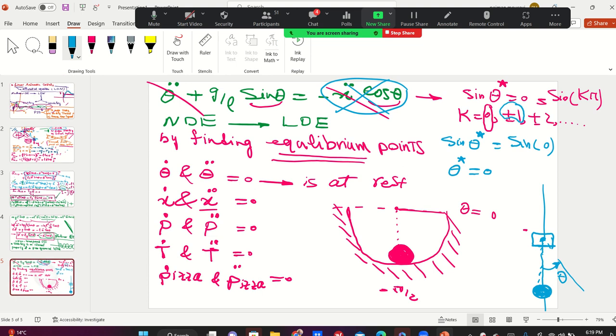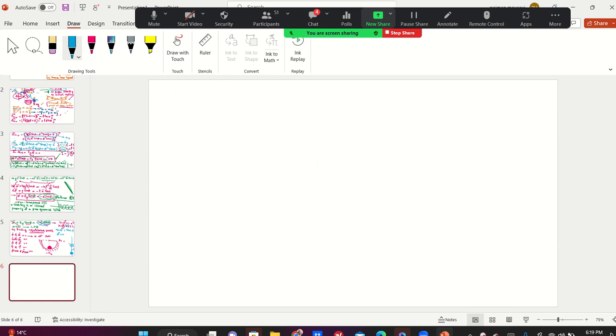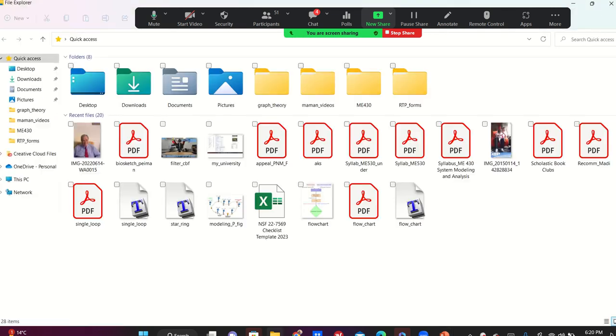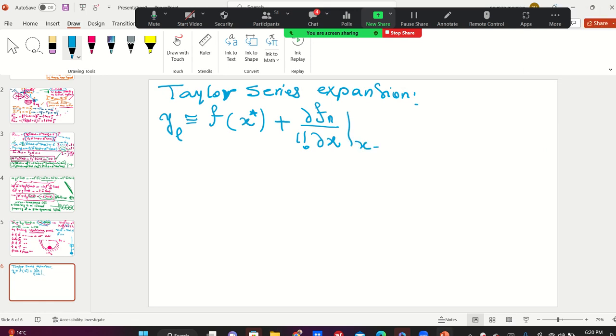So now, based on the Taylor series expansion, because I have taught this in the vibration course and probably another professor to you, Taylor series expansion says y of linear is f of nonlinear at the equilibrium point, plus the partial derivative of that nonlinear function, one factorial, with respect to x, the variable, generally speaking, at x equal to the equilibrium point, times x minus x star.